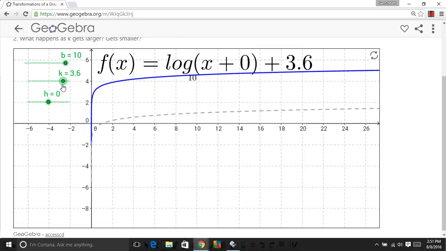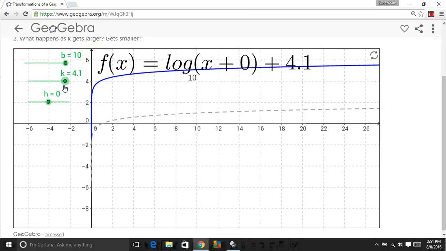What you should notice is that when you add a number outside the parentheses, you're shifting your graph upwards. So if you add a number outside the parentheses, you're going to shift your graph in the upward position.